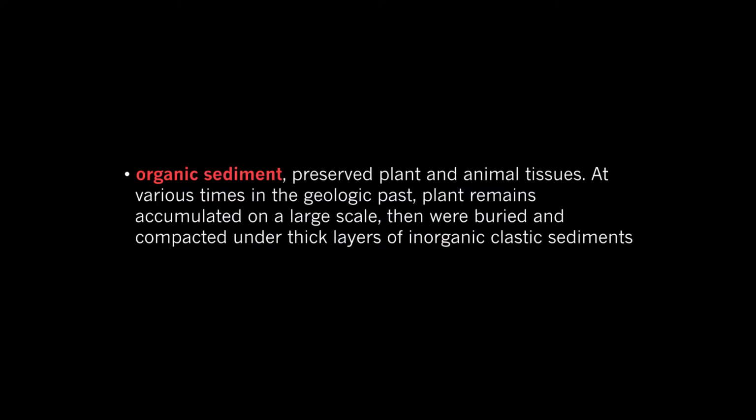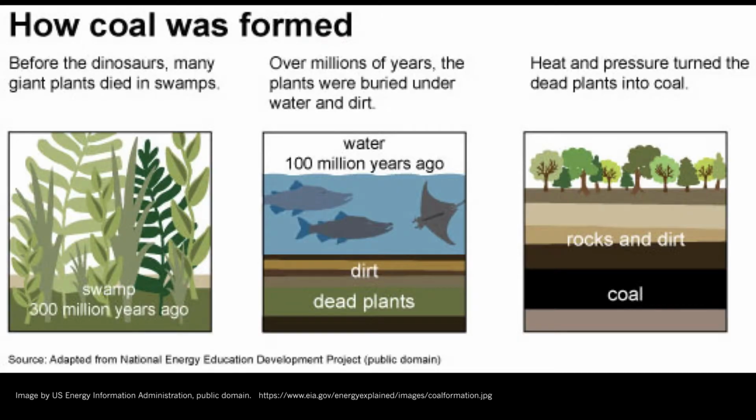preserved plant and animal tissues. At various times in the geologic past, in ancient tropical climates, there's been a huge amount of biomass, and plant remains have accumulated on a large scale. Thick deposits over large areas become buried and compacted by overlying layers of clastic sediment and become hydrocarbons.